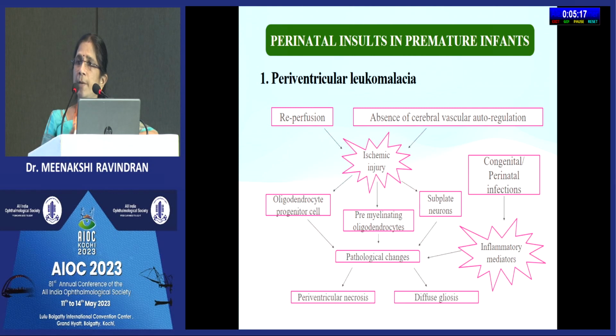So whenever this damage occurs, there is the added disadvantage of the child having spasticity or diplegia or other motor anomalies, because the corticospinal tract gets affected. As such, it is not just cerebral visual impairment alone, as you know. Other anomalies are there and multiple disabilities are there in these children.